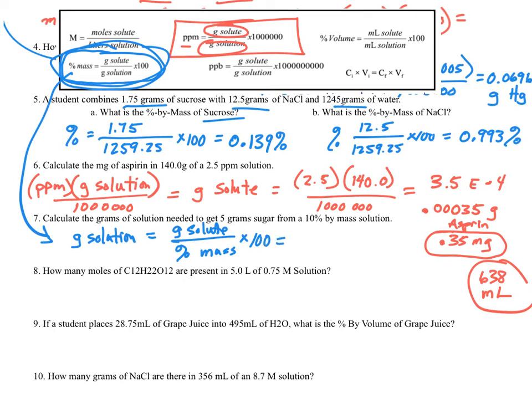So grams of the solute is 5. The percent by mass is 10, and we'll put that in as 10%. Remember, we're going to type it in as a decimal, and then times 100 gives us 50 grams of solution.